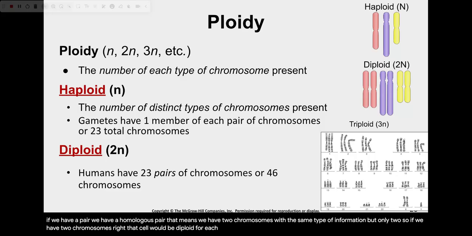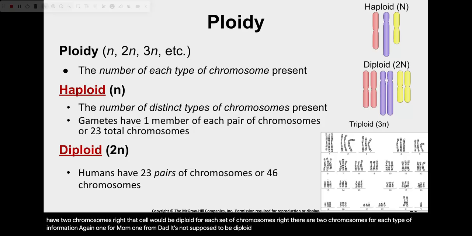So for each set of chromosomes, there are two chromosomes for each type of information. Again, one from mom, one from dad. Those would be diploid cells.